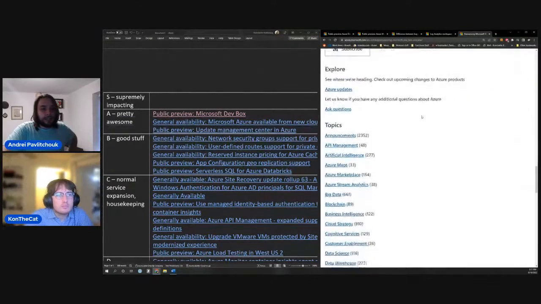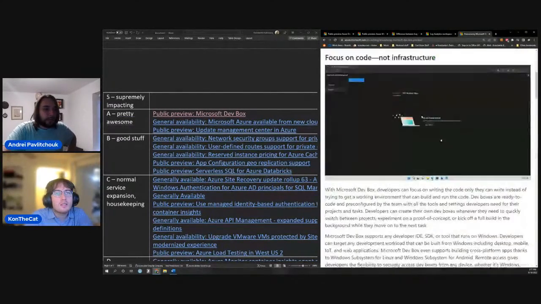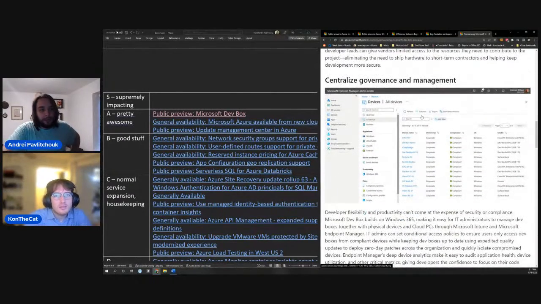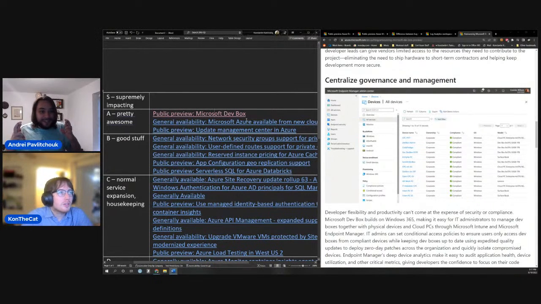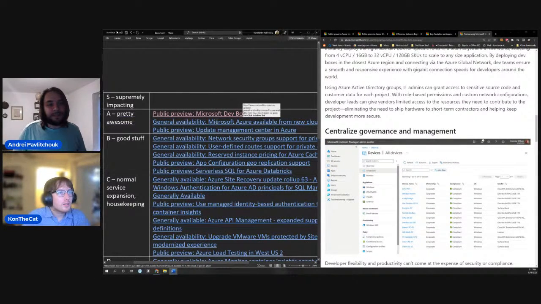So hopefully this will help developers actually write the application better and not blame the infrastructure for not being able to handle it. We can hope. It'll definitely ease the burden of getting the development environment, right? Yeah, exactly.